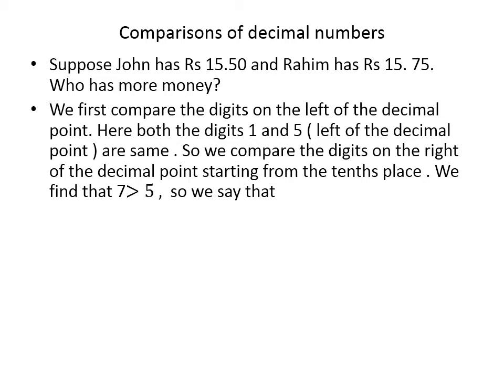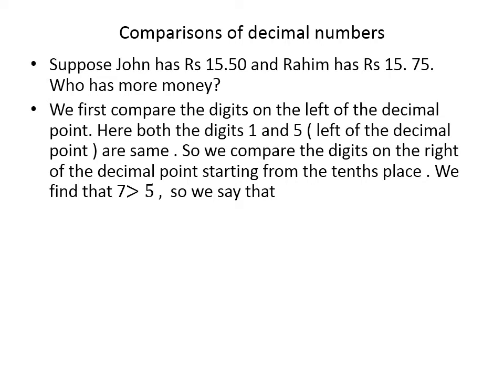Now we compare the digit on the right of the decimal point. In this number, this is the decimal point. To the right of the decimal point, the digit 5 is at the tenths place. So we compare the digit at the tenths place. Here the digit at the tenths place is 5, and here the digit at the tenths place is 7.